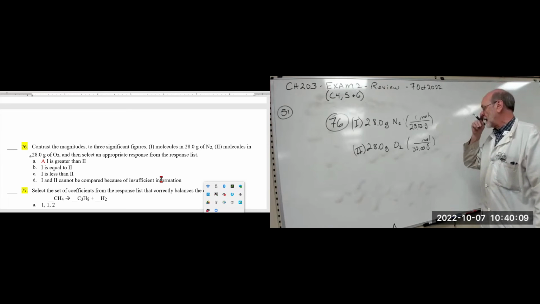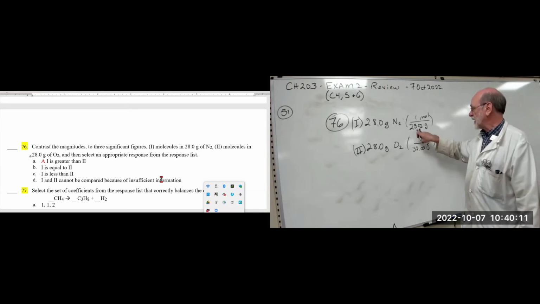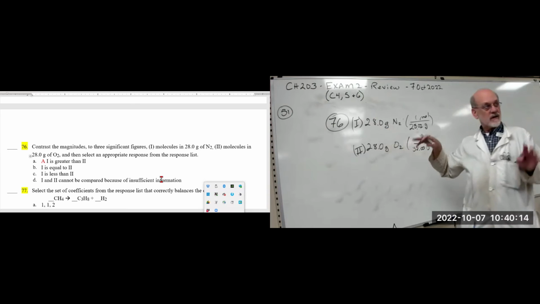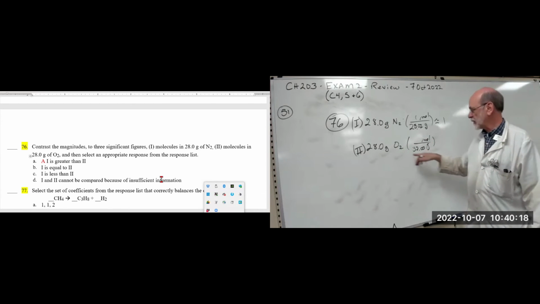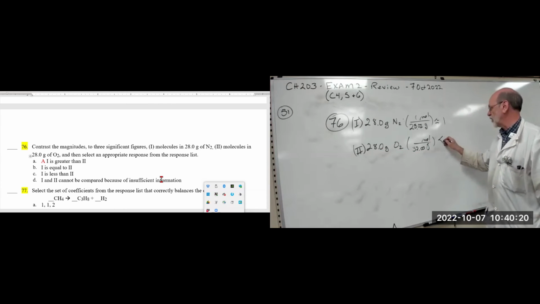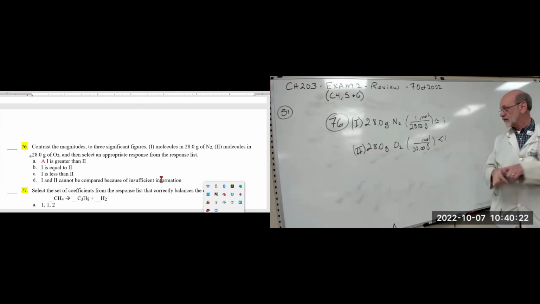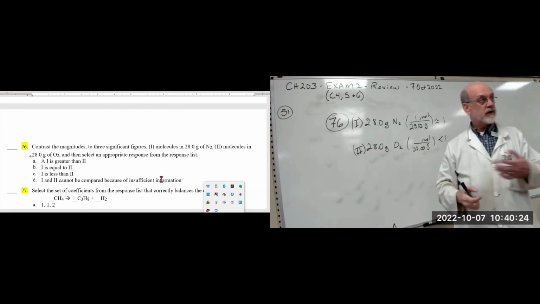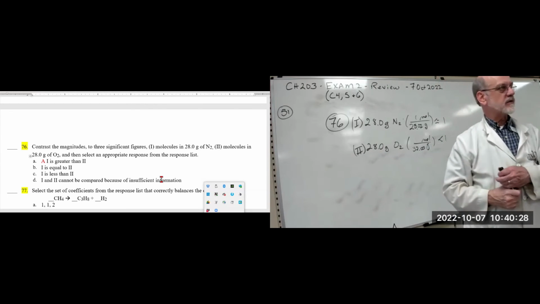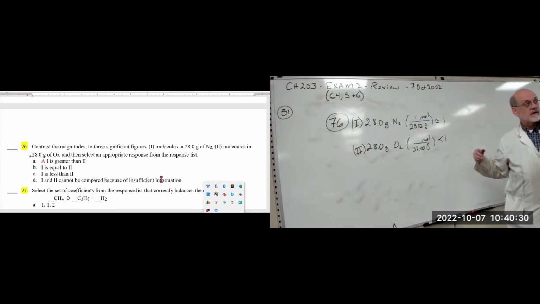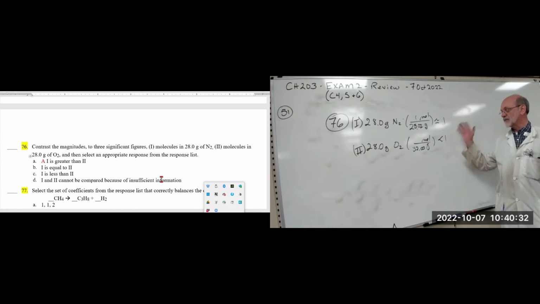All right. So notice 28.02 into 28 is almost 1. 32 into 28 is less than 1. So we know that 2 is less than 1, or 1 is greater than 2. That's why A is the answer. You don't even have to do the calculations. Right? Just make the comparison.